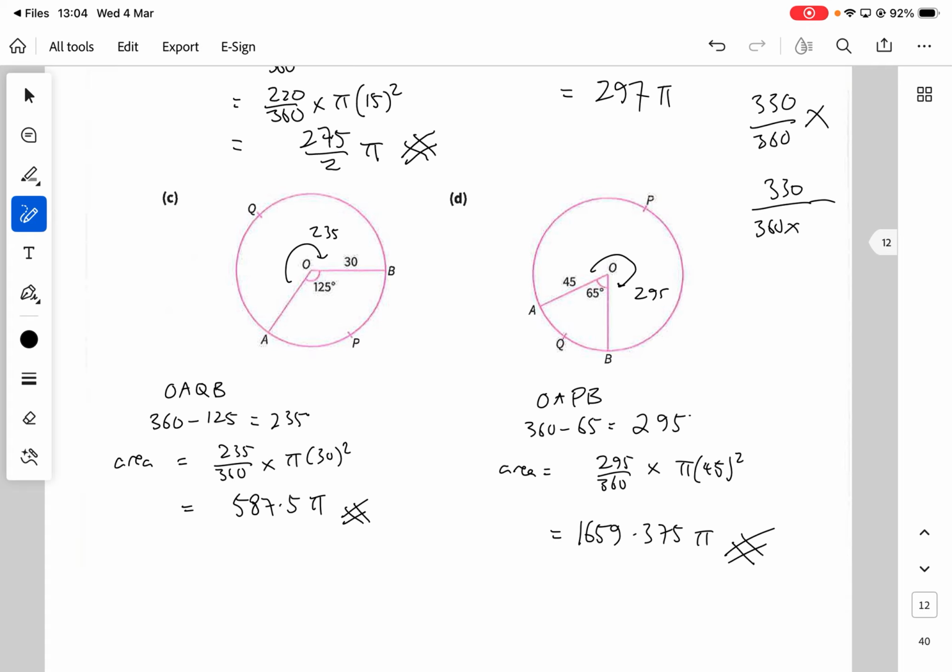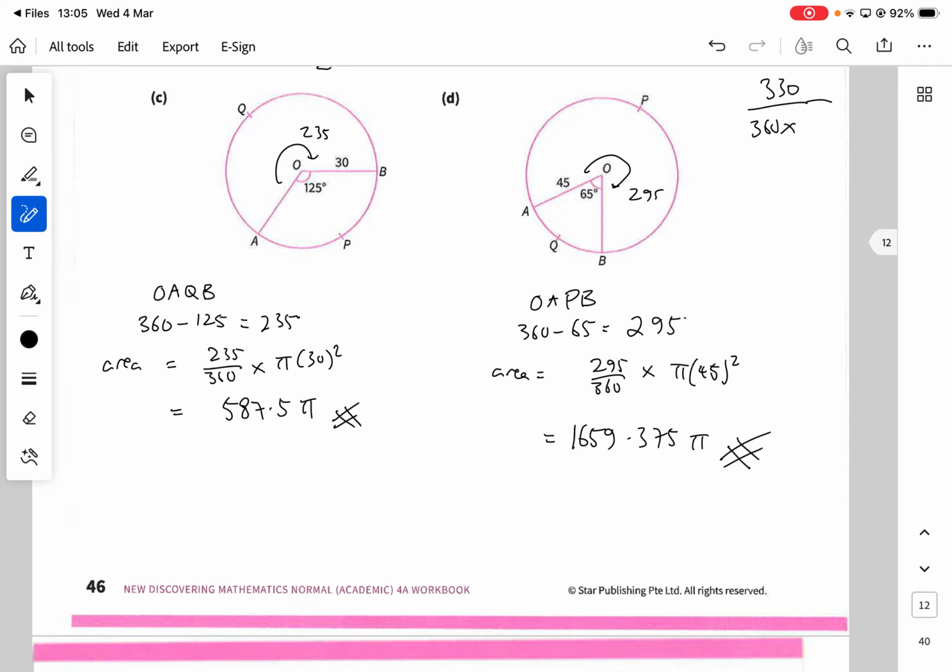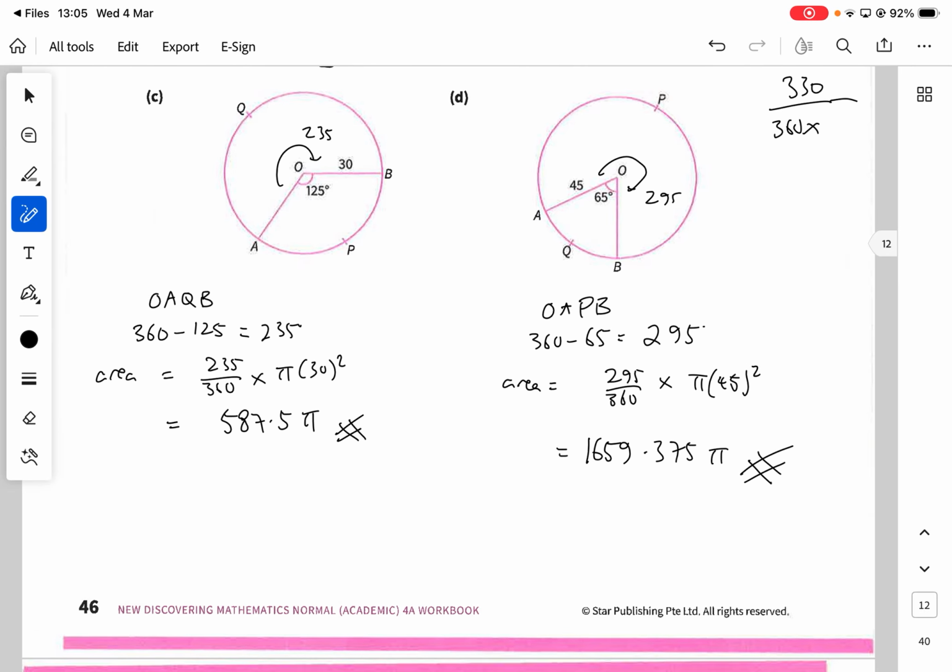Everything you need to find the area of the sector you have already. They ask you to find the area of the sector. After that, find the area of triangle AOB, so triangle AOB is this triangle. Then lastly, the area of segment ABC.